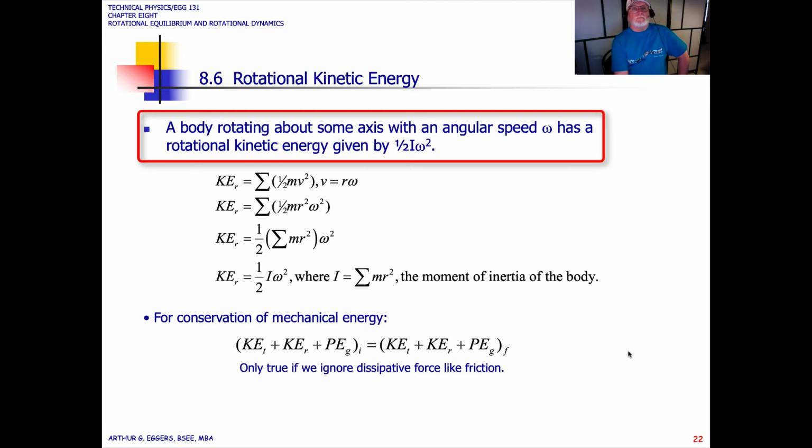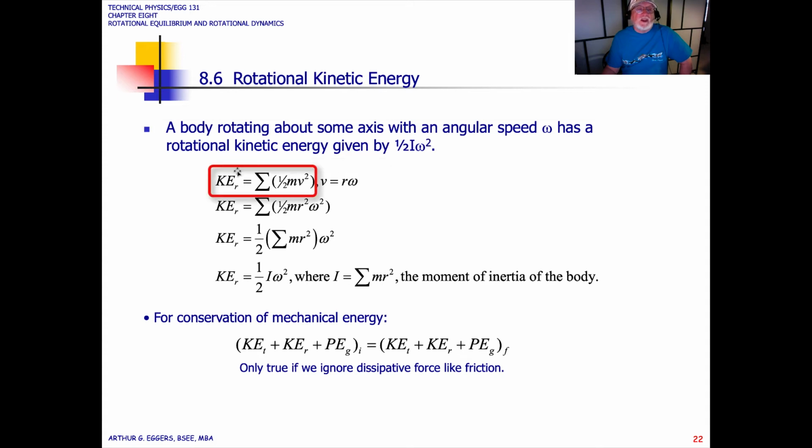Okay, rotational kinetic energy. So now we're moving back to our terms. Remember we had kinetic energy 1/2 mv squared, potential energy mgy. Okay, so we're going to focus on the 1/2 mv squared relationship for kinetic energy. So a body rotating about some axis with an angular speed omega has a rotational kinetic energy given by 1/2 the moment of inertia times omega squared.